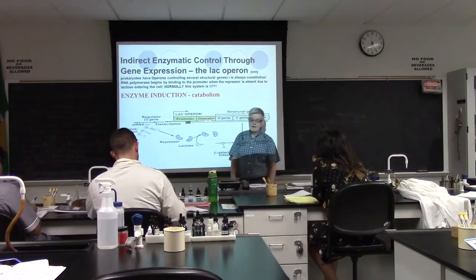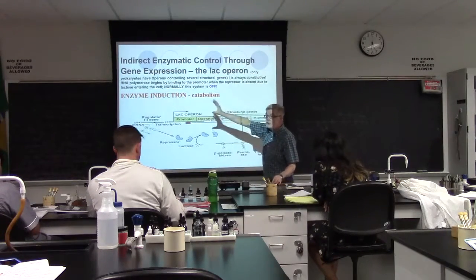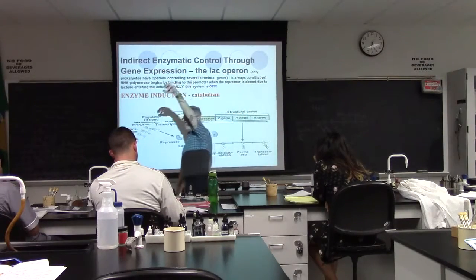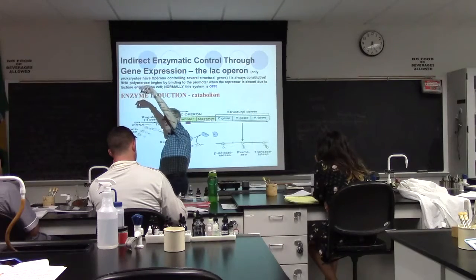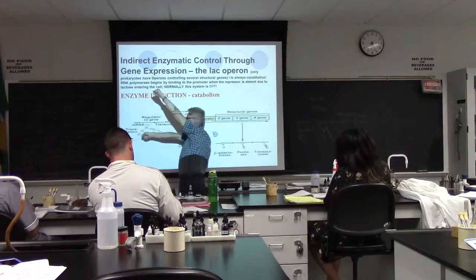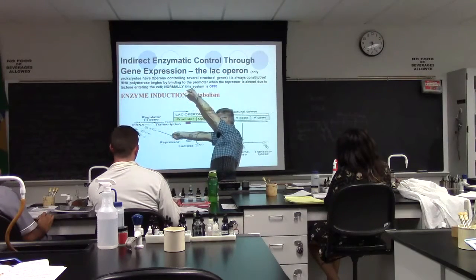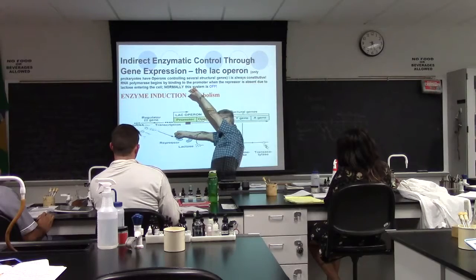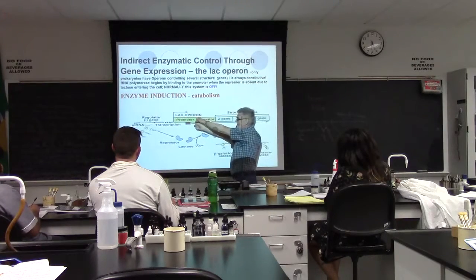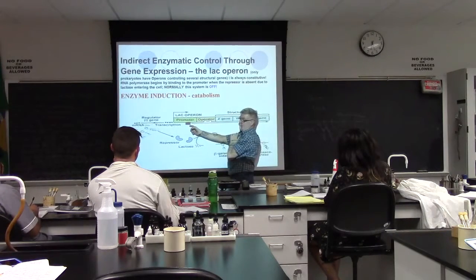So here's what happens. Here we have a strand of messenger RNA. And what happens when there's a strand of messenger RNA? A ribosome translates it, right? So a ribosome comes along here, and when it sees a promoter, that promoter basically is a signal that says attach to the messenger RNA here. It moves forward, and when it gets to the operator, that says to the ribosome, everything after this should be translated.